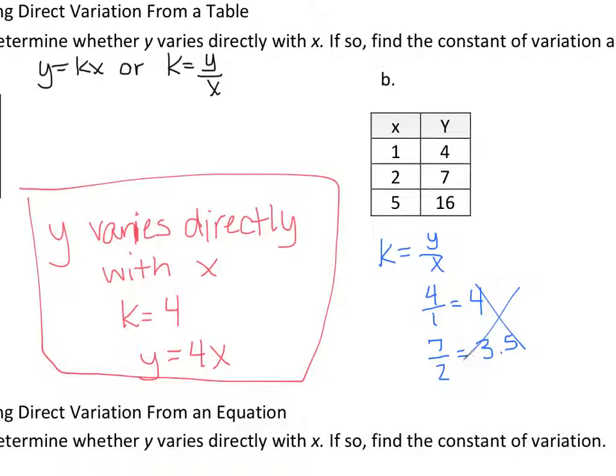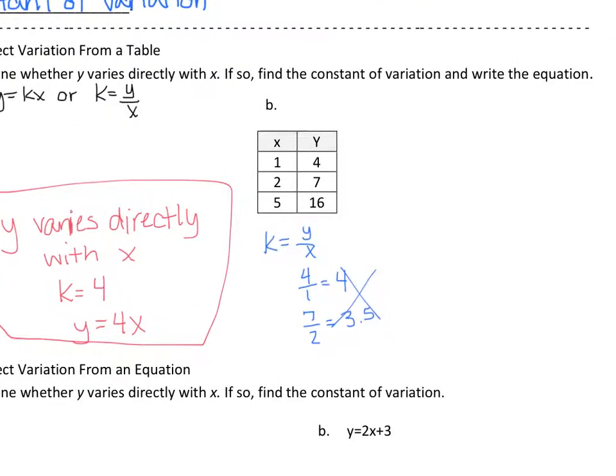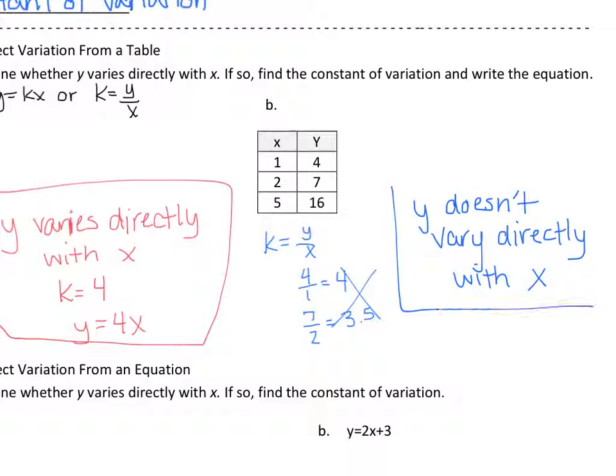No. We can stop there and say y does not vary directly with x. Or you could say no direct variation, if you want to say it that way. Since the k's don't match, that means the slope is not the same, so no direct variation.